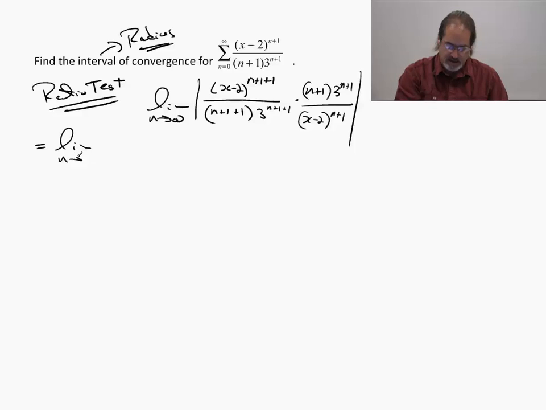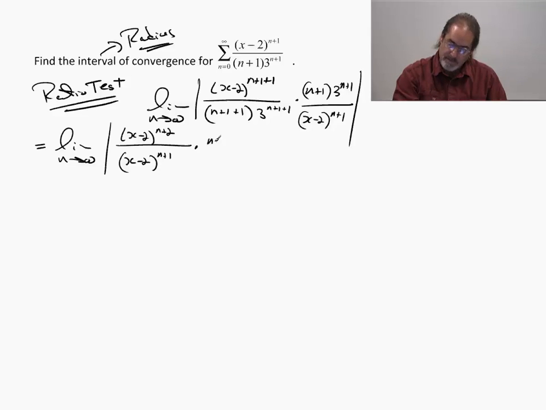That's the limit as n goes to infinity of the absolute value of (x minus 2) to the n plus 2, obviously, divided by (x minus 2) to the n plus 1, times (n plus 1) over (n plus 2), times 3 to the n plus 1 over 3 to the n plus 2.